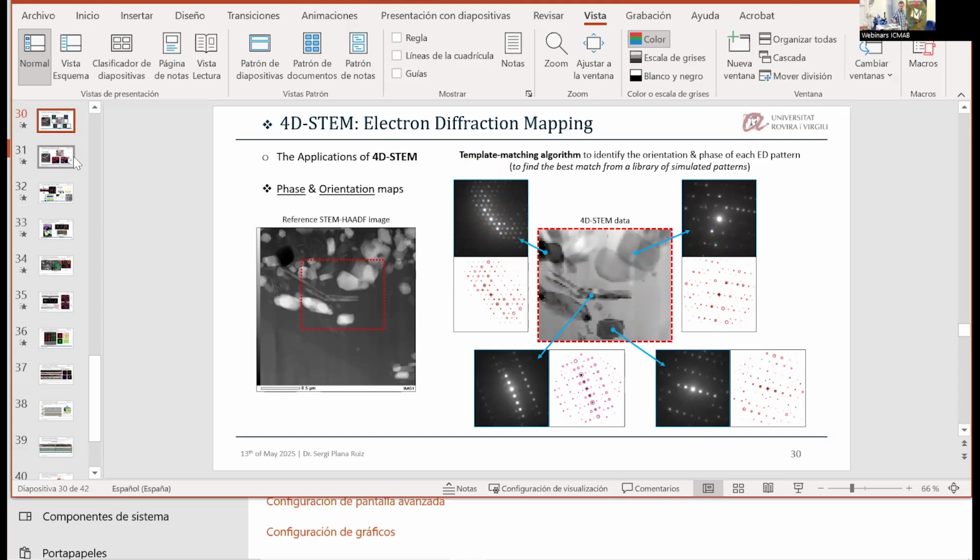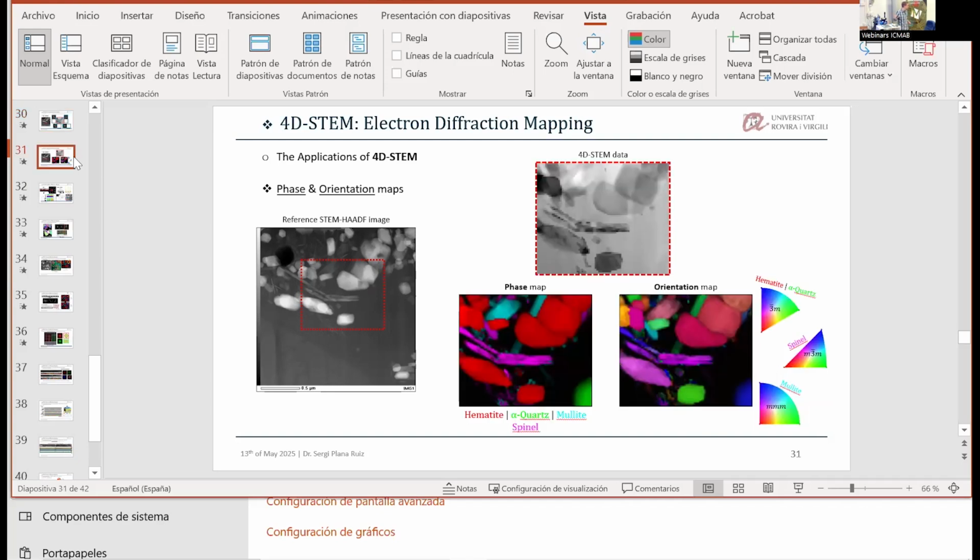Then the algorithm, called template matching, there are others, but just for brevity I'm showing this one, looks for the simulated pattern that fits best to the experimental one. The one that fits best is the one that the program will give you as the orientation and phase of that pattern. And by doing that for each pixel, you can recover the phase maps and the orientation maps.